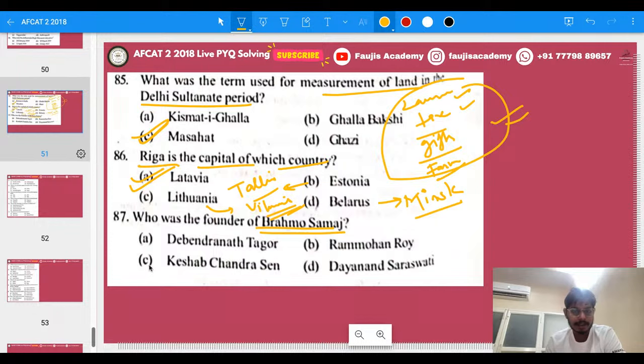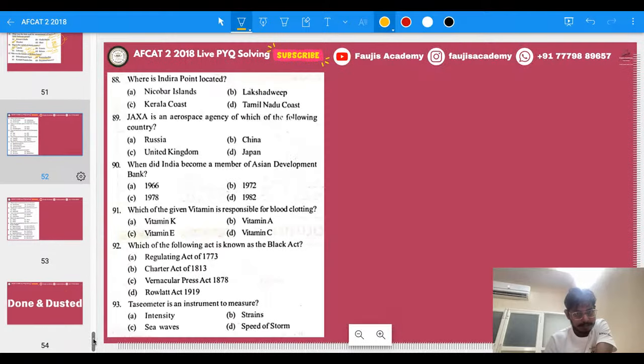The founder of Brahmo Samaj was Raja Ram Mohan Roy. Yes, that's correct. All right, so let's move on.